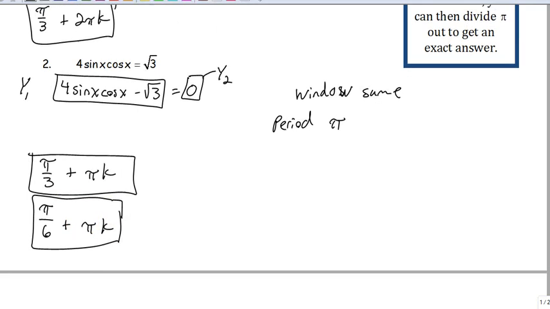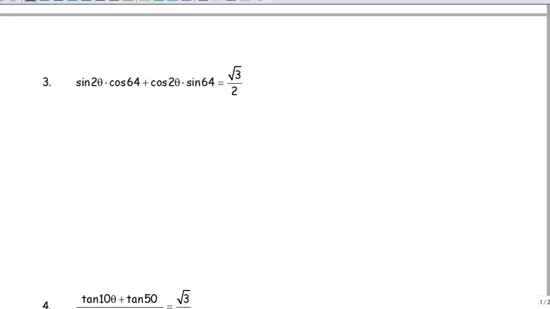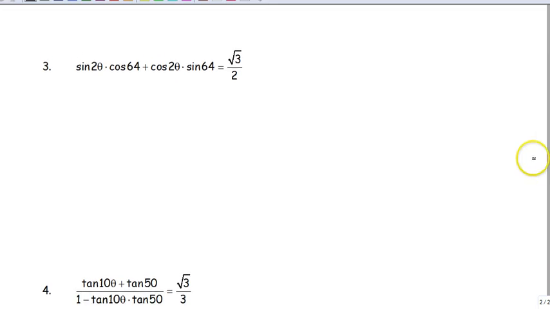Okay, so let's go to the next 2. Got 2 more. Now, notice how it's now theta. So we are now in degree mode. All that I changed for degree mode is my window, I'm going to change my window. So I'm from 0 in the x-min to x-max is 360.